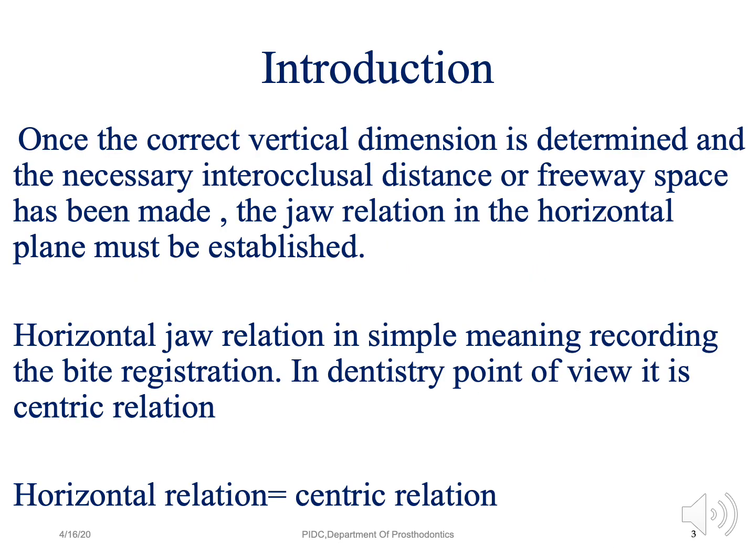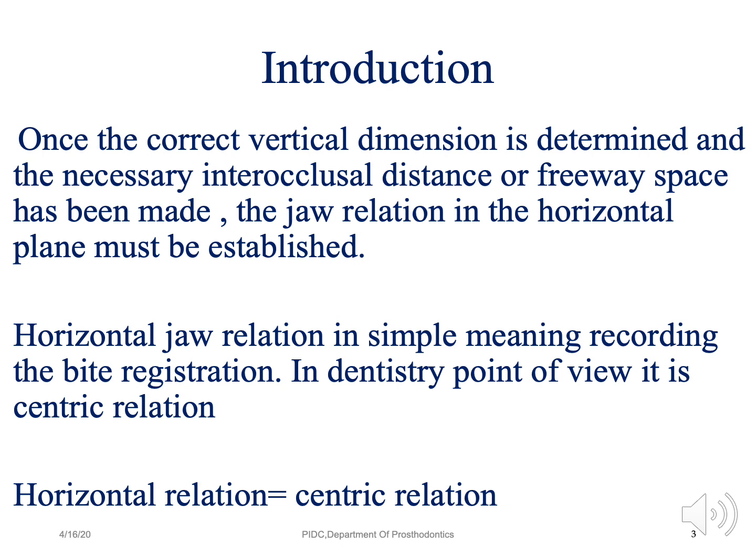Now, in the third clinical step, when the patient comes, you have done your vertical jaw relation. That means you have checked for labial fullness, lip fullness, then you have done the VDR, you've got the freeway space, then you've used your Fox plane to match the orientation of the occlusal plane.